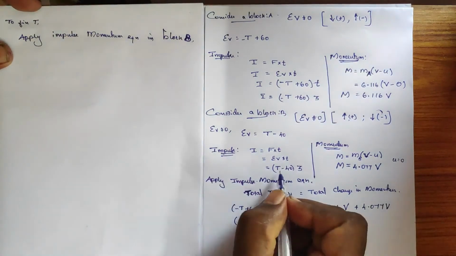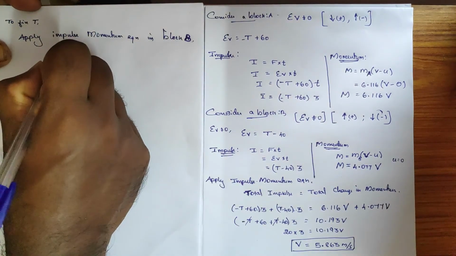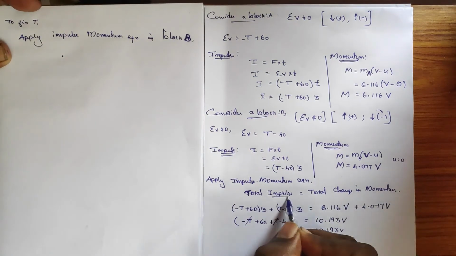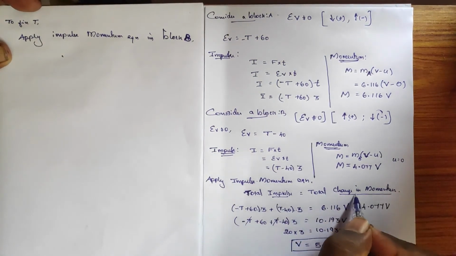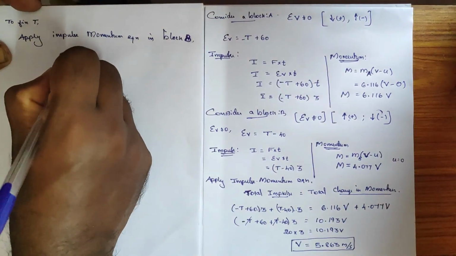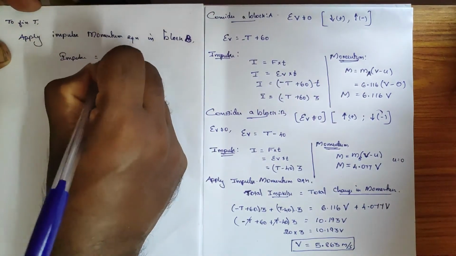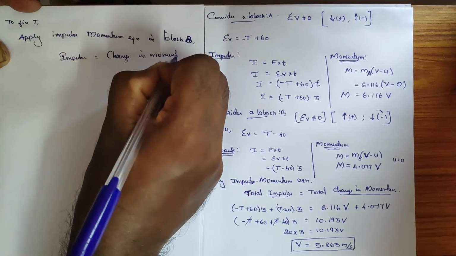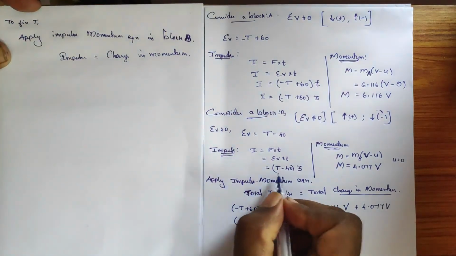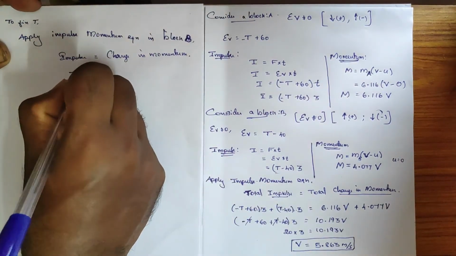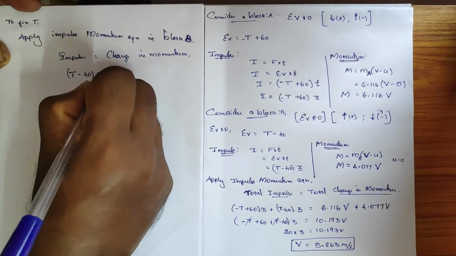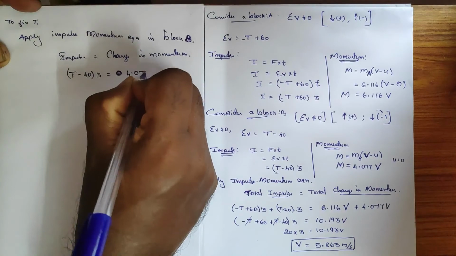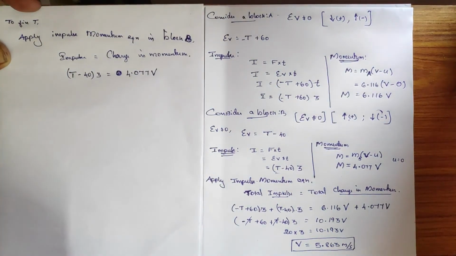So if you apply the impulse momentum here, impulse is equal to change in momentum, right? This is the equation. So here the impulse is T minus 40 into 3, which will be equal to 4.077 into v.